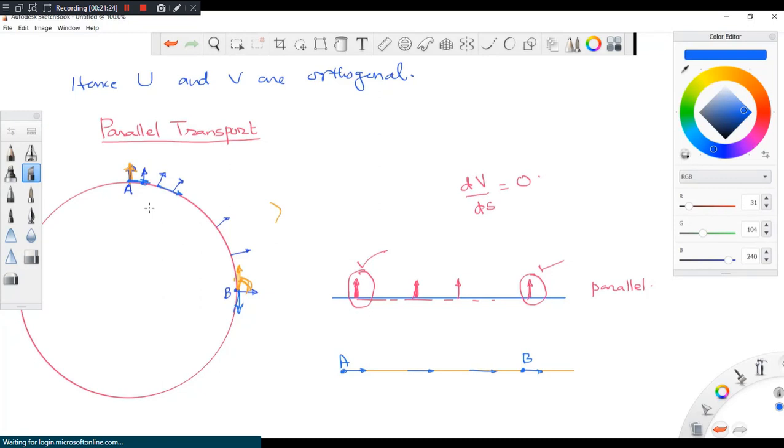So in a curved space, how can you make this parallel transport? What should be the condition to be satisfied? This is what I am looking at in parallel transport, and that will be very useful when you do differentiation. For differentiation, you have to consider a vector and what will happen to it if you move a little further, then take the difference and divide, as in the derivative definition: f of x plus delta x minus f of x, divided by delta x.